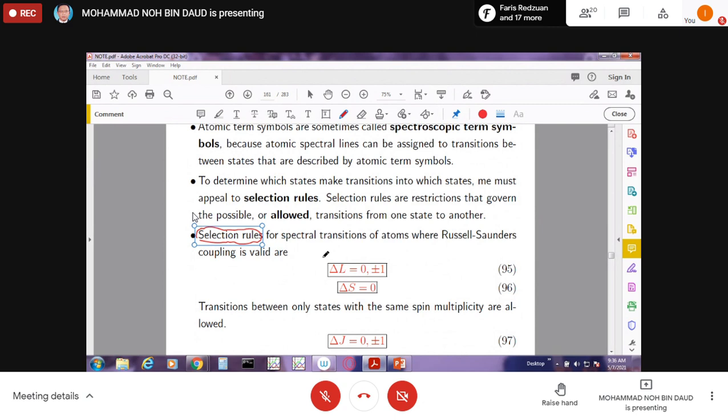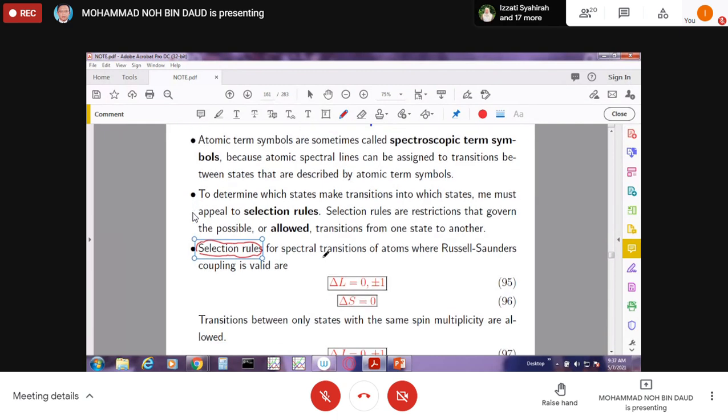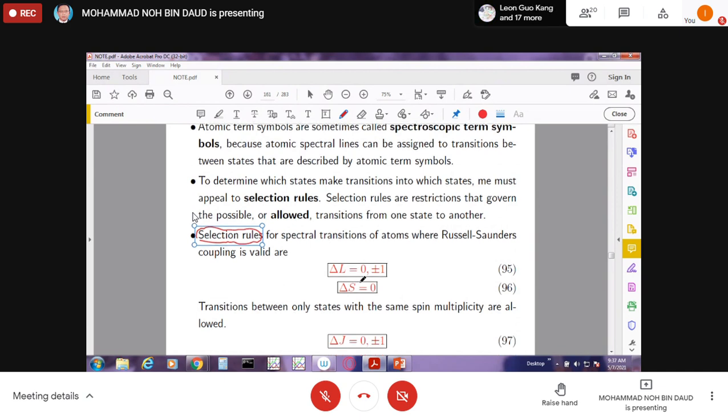We approximate that time-independent Schrödinger equation using the variational and perturbation methods. For this transition, you need to use the time-dependent methods to show these rules, whether the transition is allowed or not.